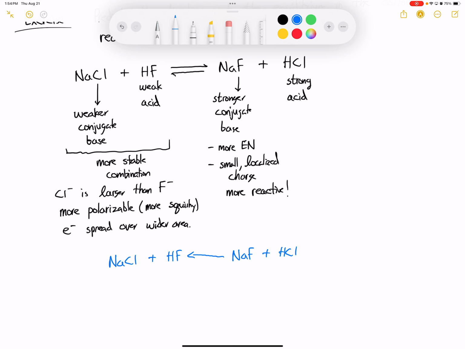It's going to go towards the weak acid, okay? So here, weak acid, strong acid, okay? So you don't really need to know, for right now, you're just going to compare based off what you know is a strong acid and everything else is weak, okay?